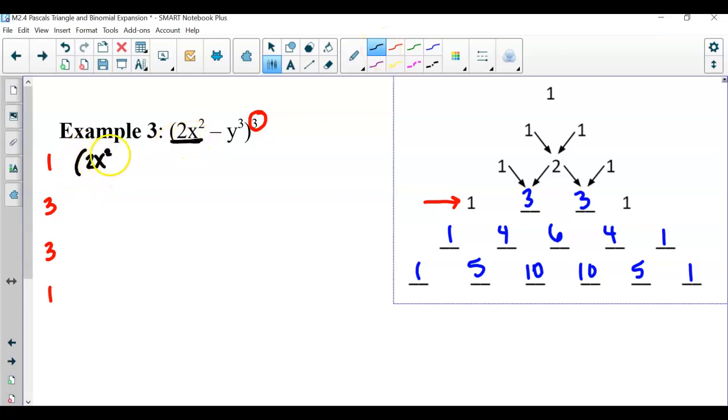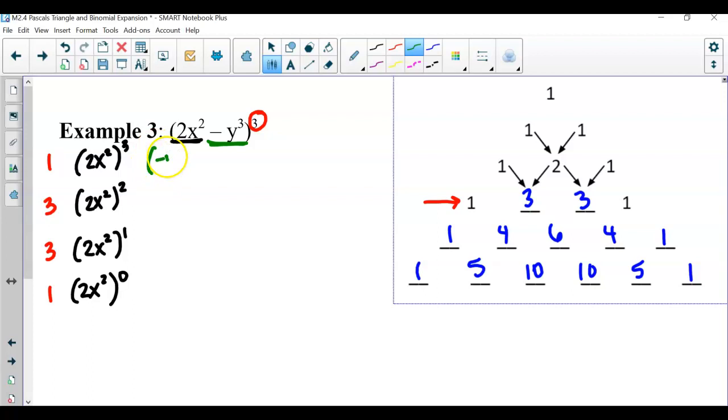So 2x squared, because there's multiple, put everything in parentheses to keep everything together. Very important here now. It's not just a negative. And 3, 2, 1, 0. So then the next term is negative y cubed. So negative y cubed.